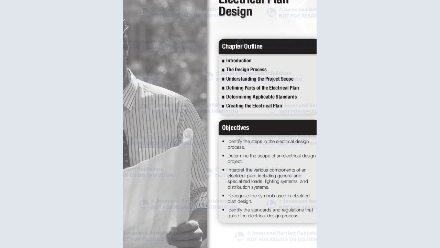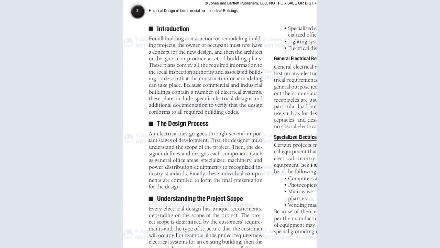So when you're designing a plan, you need to have a lot of things in mind. You need to know what is the use, what is the purpose of this room. That is, design the process, understand the project scope, define the parts of the electrical plan, then determine the application standards.